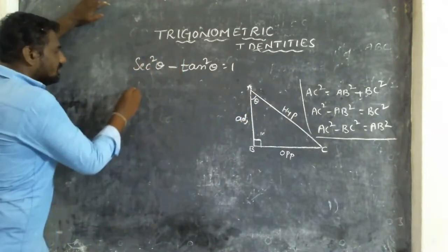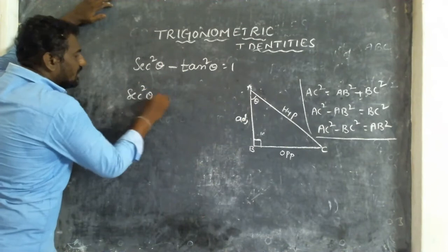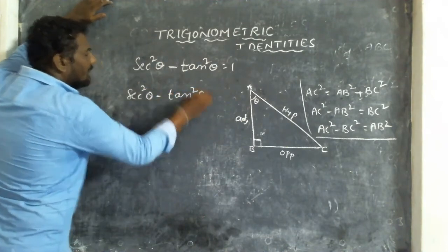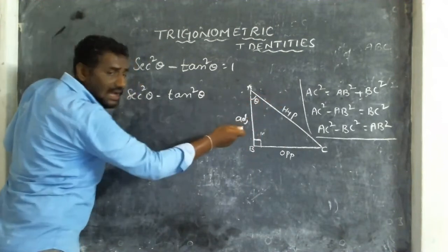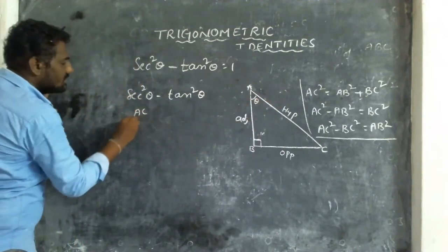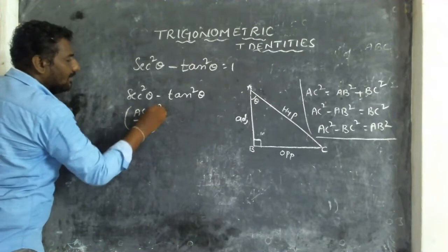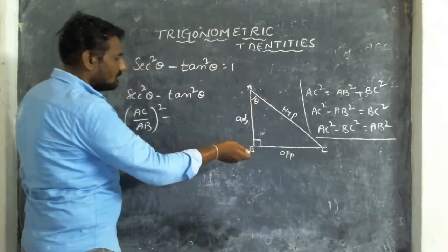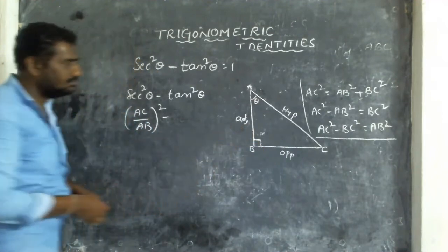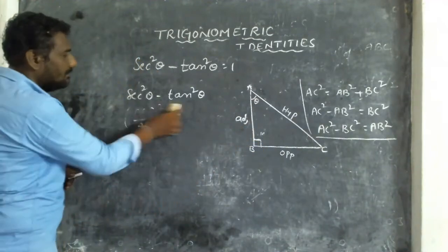How to write the proof? First we write sec square theta minus tan square theta. Sec formula is hypotenuse by adjacent. Hypotenuse is AC, adjacent is AB. We write AC by AB whole square. Tan formula is opposite by adjacent. Opposite is BC. So I have written wrong. Sorry.